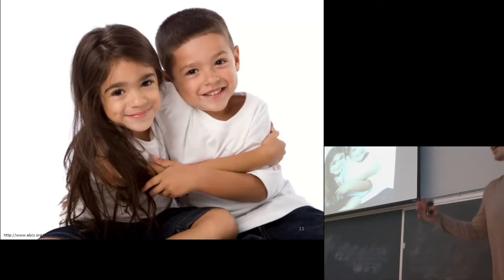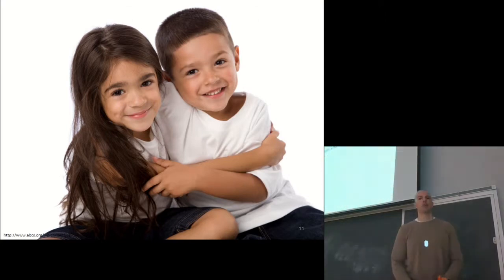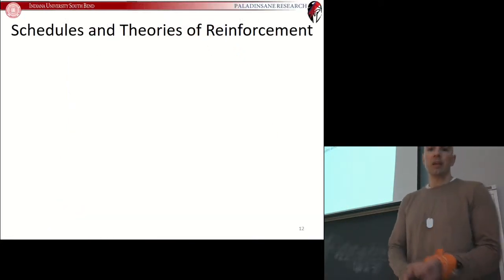If you check in on your children every 10 minutes like clockwork, even if they don't have a clock in their room, even if they don't know how to tell time, you will still get mostly fighting for the 10 minutes up until the period is about to expire, and then they'll start hugging it out. We'll take a look at why these kinds of patterns of behavior emerge, and how they're a direct consequence of those schedules of reinforcement.